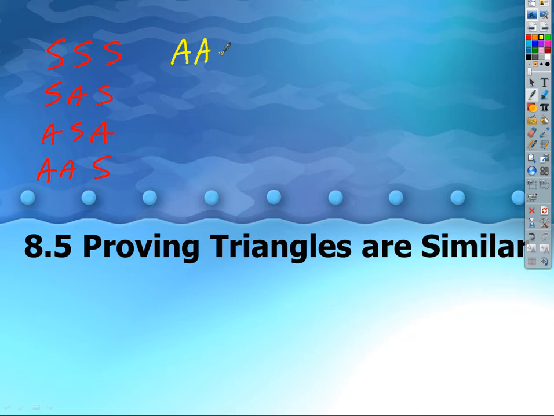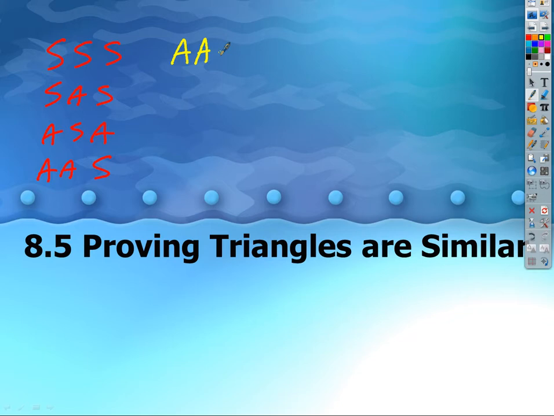If what is true, then we know by AA the triangles are similar. This was a pretty simple one. What did it say? What's the AA stand for? Yeah, two angles, right? So if two angles of one triangle are congruent to two angles in another triangle, we know that they're similar, right?